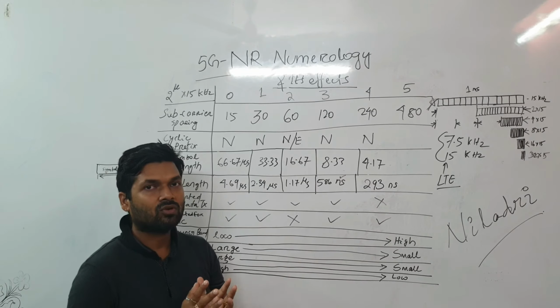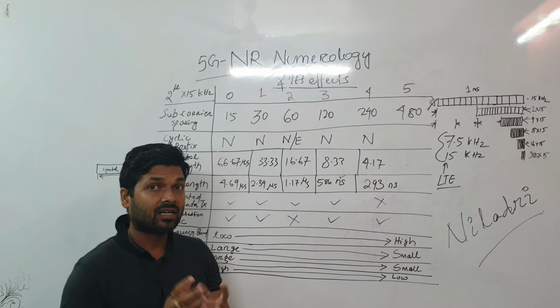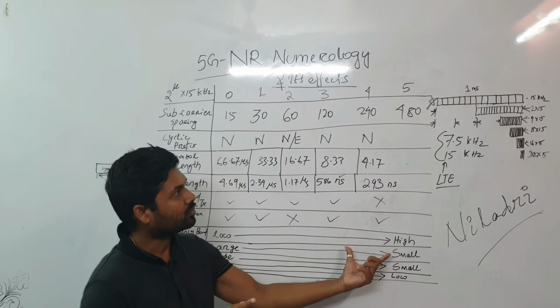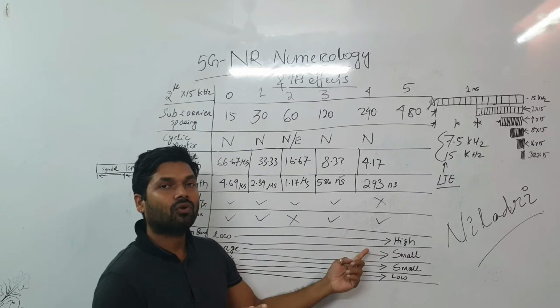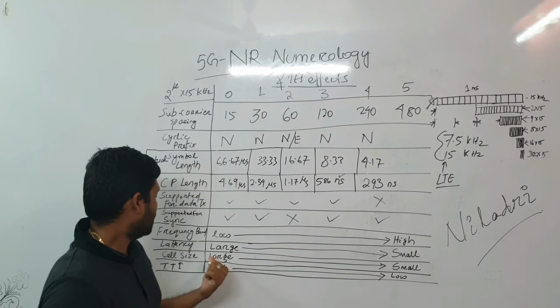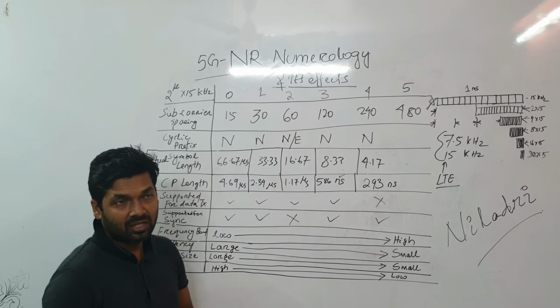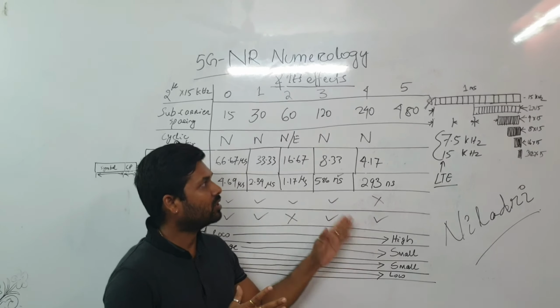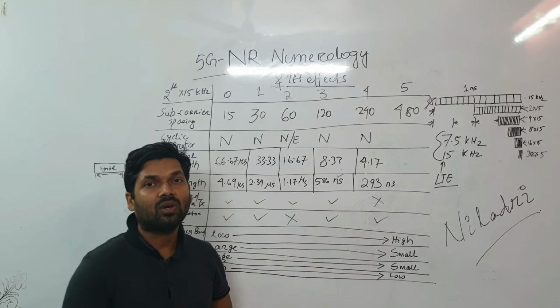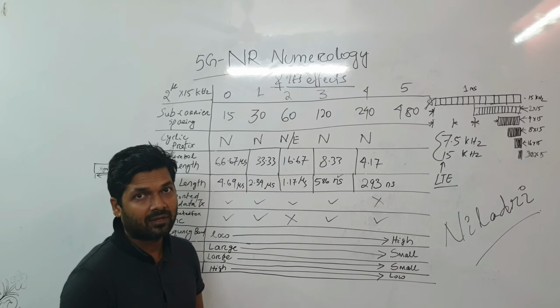So when we talk about services like URLLC, ultra reliable low latency communication, we have to use higher subcarriers like 120, 240, etc. And then cell size: definitely with 15 kilohertz subcarrier spacing we have a larger cell size, compared with the smaller cell size where we have subcarrier spacing like 120 and 240 kilohertz, right?